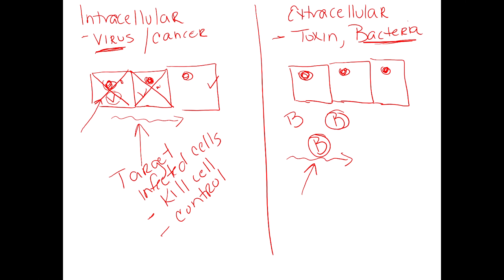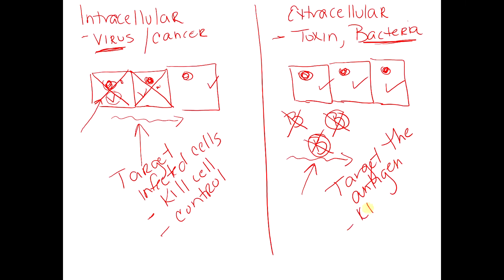So it's going to be able to come in, and your immune responses, you're going to want it to attack the bacteria directly and any of the toxins and stuff, but you don't want it to have any impact on these cells because these cells are still good and healthy. So in this case, we're going to actually target the bacteria, the invader, the antigen.